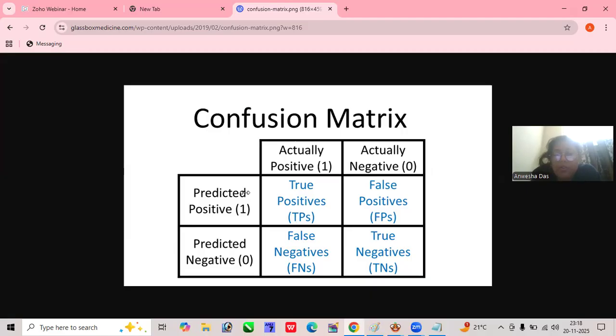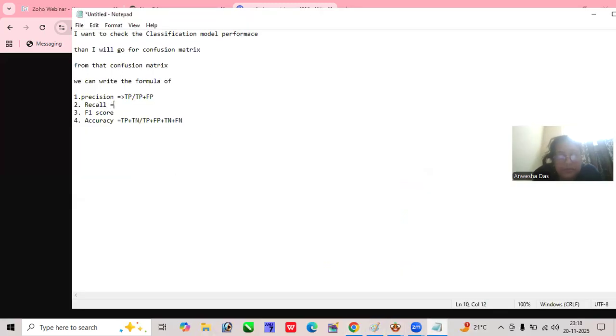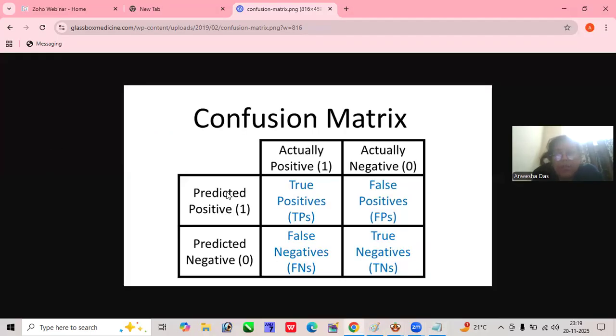Okay. Now there is the recall. What is the formula of recall, guys? The formula of recall is true positive by true positive plus false negative. In recall, the FN, the false negative, plays a very crucial role. Consider the example: actually true, but the prediction is false.